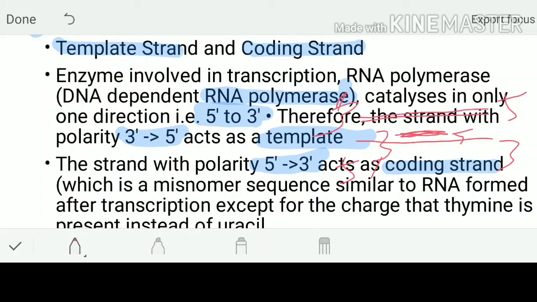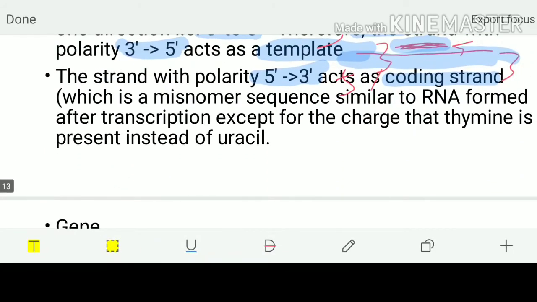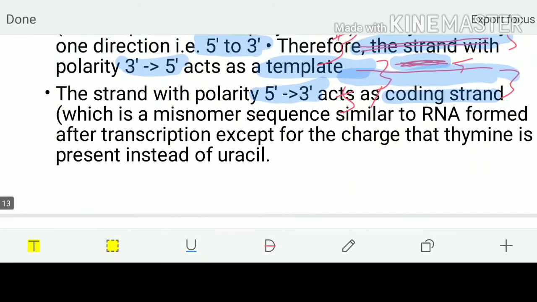So the 3' to 5' strand will be called the template strand, and this 5' to 3' will be called the coding strand. And the newly formed RNA molecule will be just like the coding strand. I repeat, the newly formed RNA molecule will be just like the coding strand.